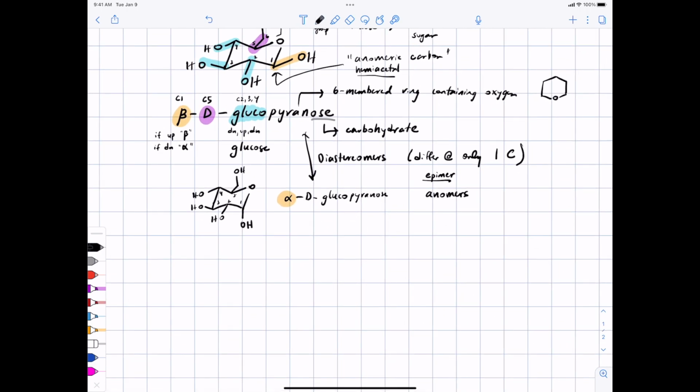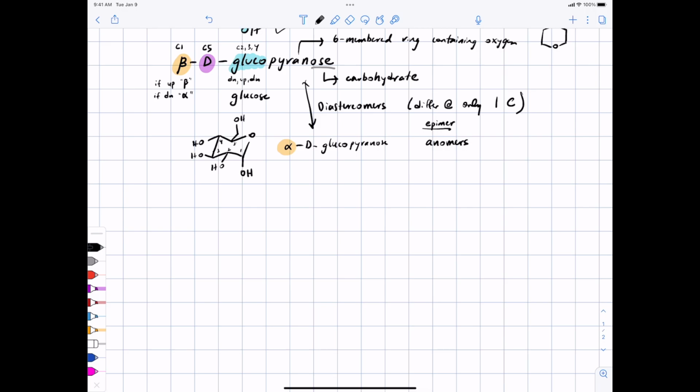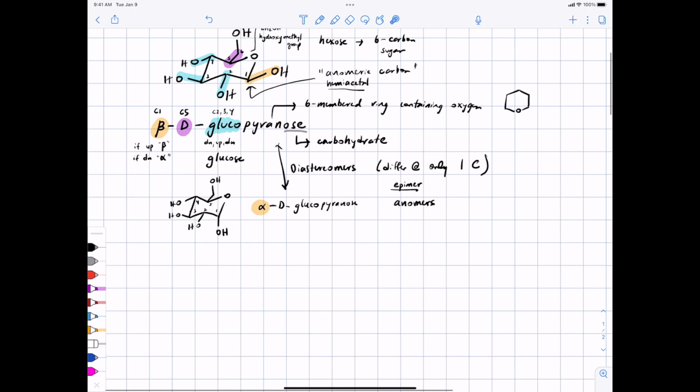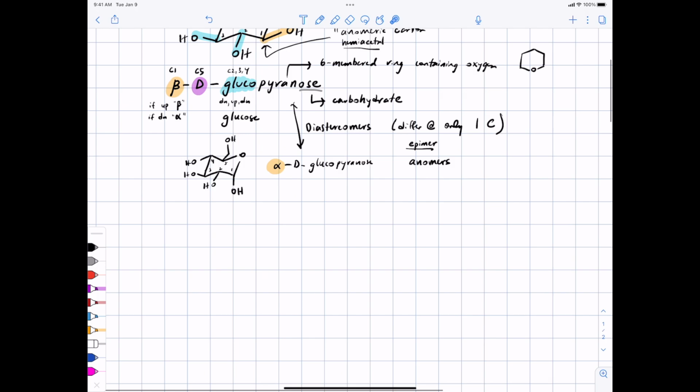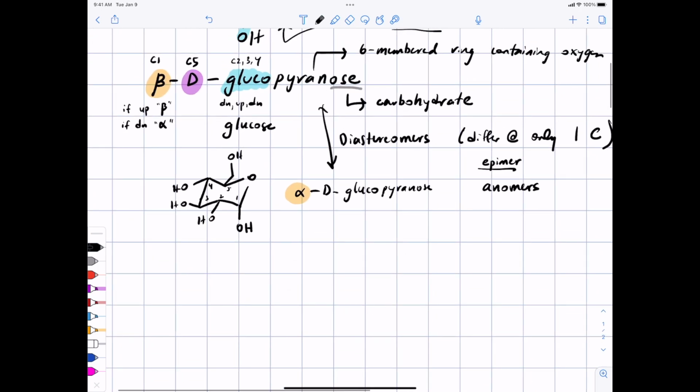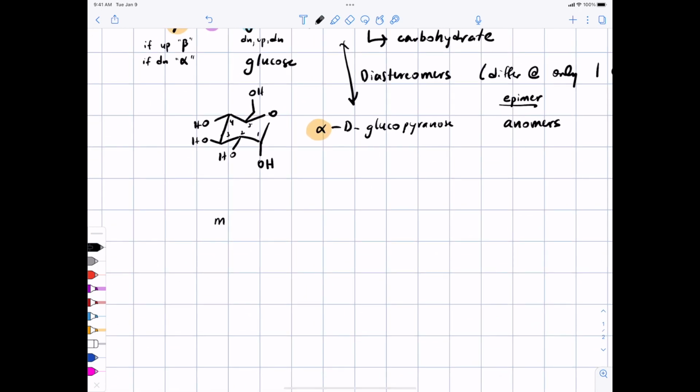There are a few other common sugars that you ought to be aware of. This, as I said, down, up, down pattern of C2, C3, and C4 is glucose. In contrast, if it's up, up, down, that's what we call mannose. So beta-D-mannopyranose would be if we had everything the same, only on C2 the OH group is up.